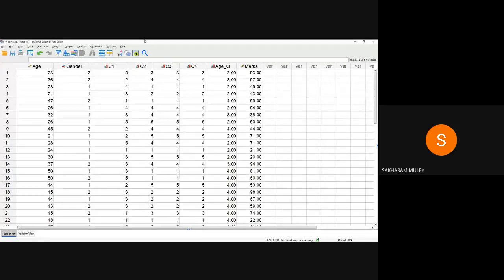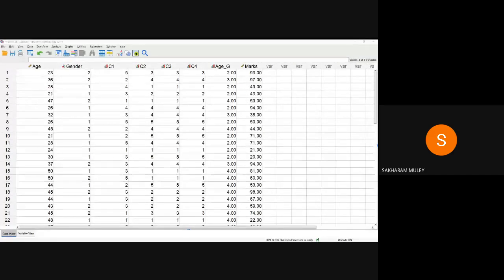So my basic hypothesis. I'm putting my hypothesis. Let us write it properly so that you will be trained for hypothesis writing also.